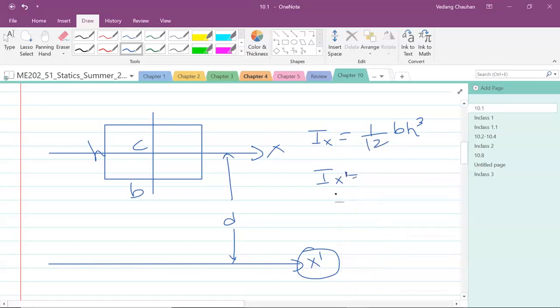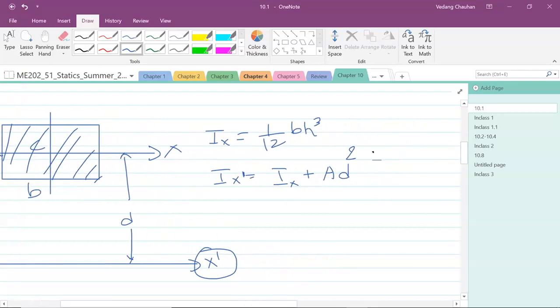The area moment of inertia of the shape about x dash is equal to Ix plus area of the shape, this cross section area, multiplied by d square, where d is the distance between the two axes. So this is the formula, and that's called the parallel axis theorem. For any shape, if we would like to calculate moment of inertia about an axis other than the axis that passes through the centroid, then we can apply the parallel axis theorem. Okay.